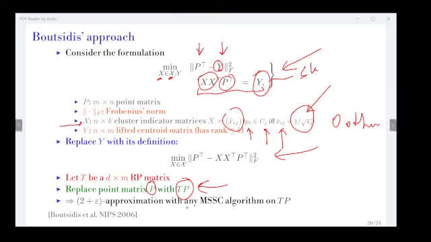So any algorithm that solves the MSSC applied to the projected problem, well, Boutsidis et al. show that this provides a 2 plus epsilon approximation algorithm. Okay, so if your MSSC algorithm guarantees the optimum, then after you project the matrices, you will find a 2 plus epsilon approximation on the optimum.